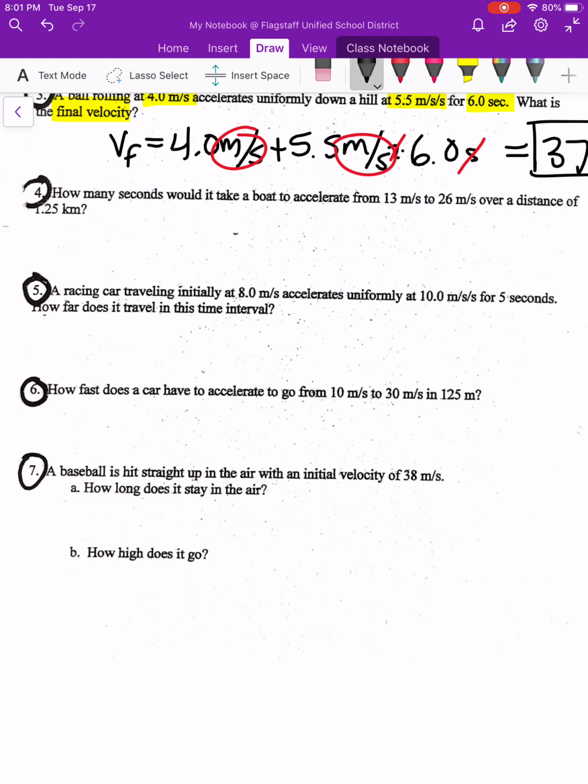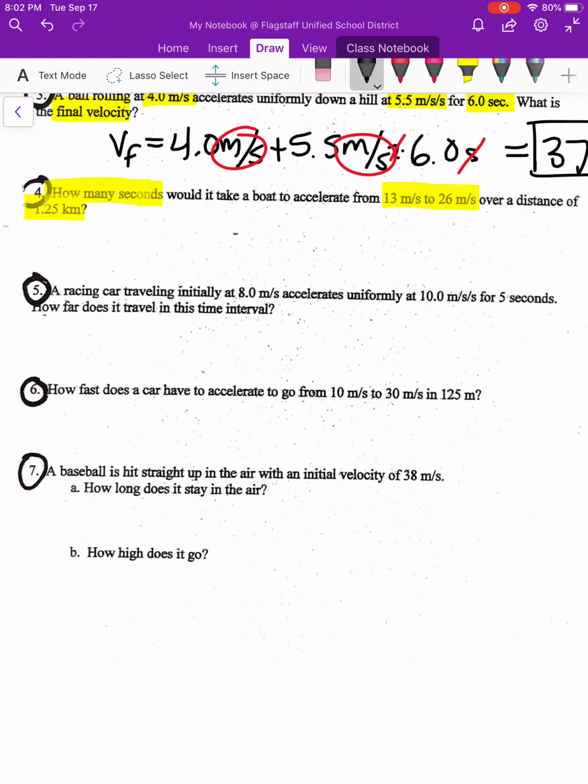Okay, so how many seconds? That's indicating time. How many seconds would it take a boat to accelerate from 13 meters per second to 26 meters per second over a distance of... so it's accelerating from initial velocity of 13 to a final velocity of 26 using a distance.